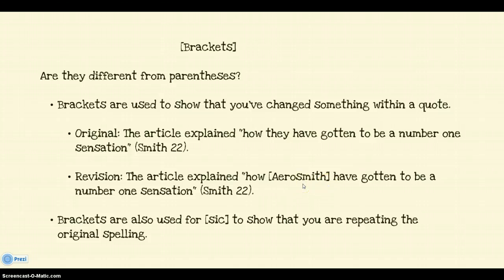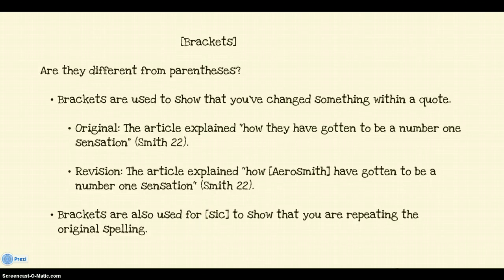I've changed a word. Sometimes when you're quoting, you need to change something to make it grammatically agree with the sentence you're making. You may have to change a pronoun to a person, or you may have to change a tense. These are the kinds of things that brackets are good for. You also use them for sic, right? The SIC to show that you're repeating the original spelling or the wording, the way that something has been put. You put some brackets around that.